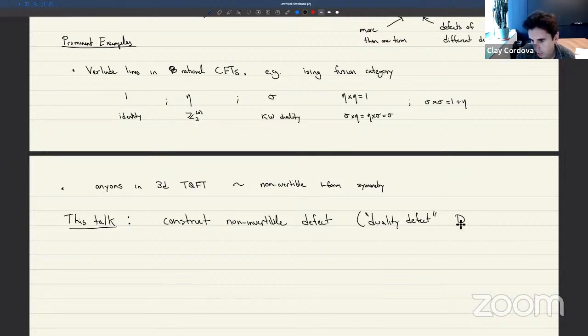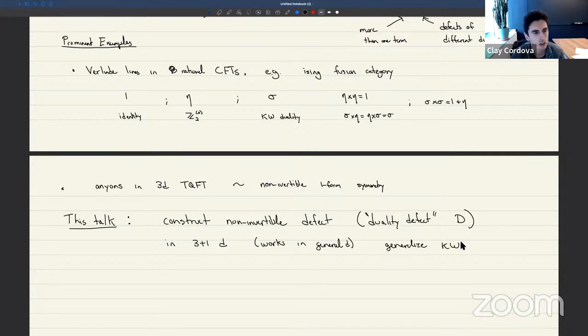We'll give it sometimes the name D. And we'll focus on 3+1 dimensions, though there's an analog of the construction that works in general D. And these non-invertible duality defects will generalize Kramers-Wannier duality.